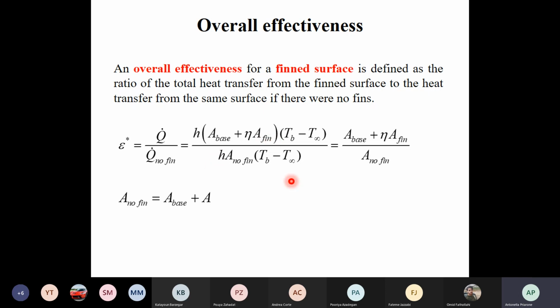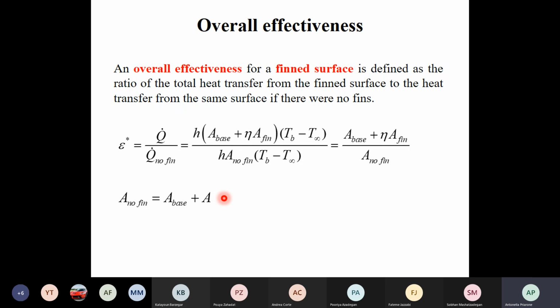At the denominator, I have to consider the area of the finite surface without fin. I call it A no fin. A no fin must be calculated as the sum of the area of the base plus the area of the cross-section of all the fins.